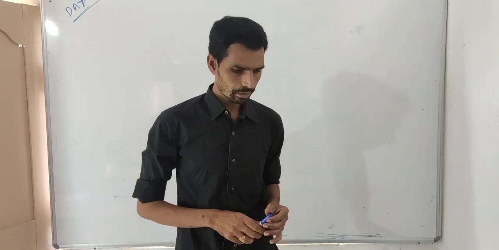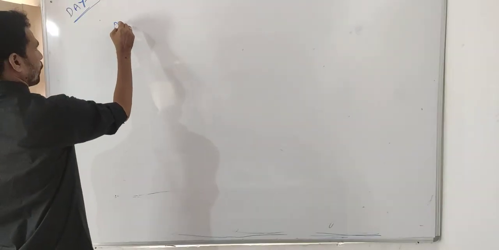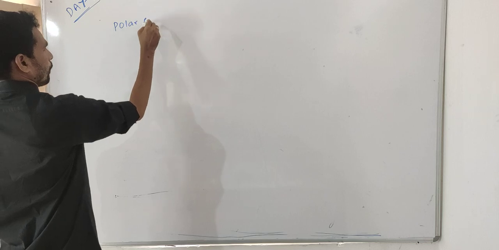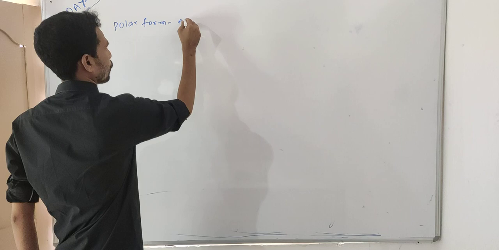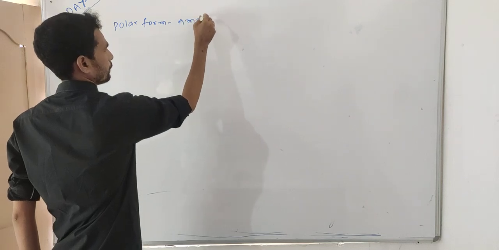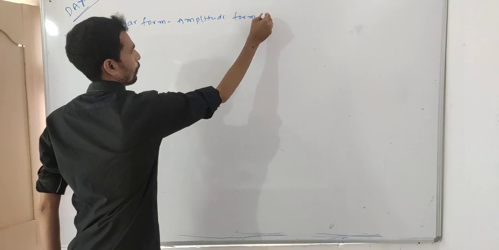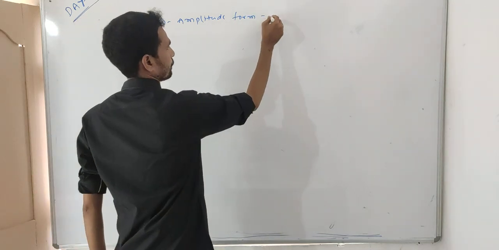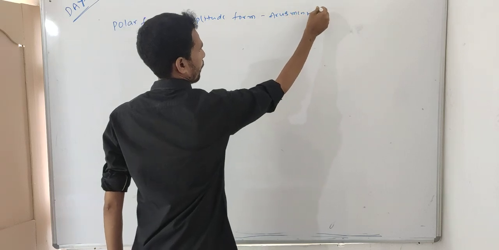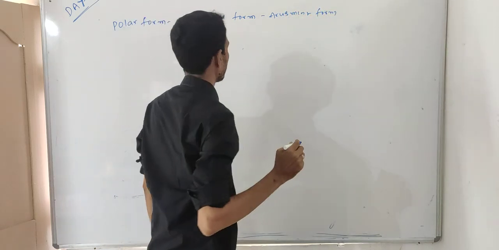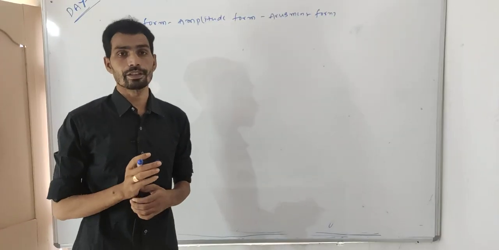The formula for polar form, also called amplitude form, argument form or modulus form.